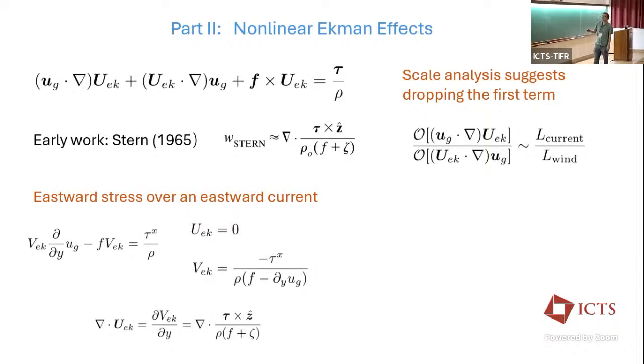This is the nonlinear Ekman effects. Here I won't be worrying about tau; I'll just assume that we know it. Maybe it depends on the ocean velocity, maybe it doesn't.